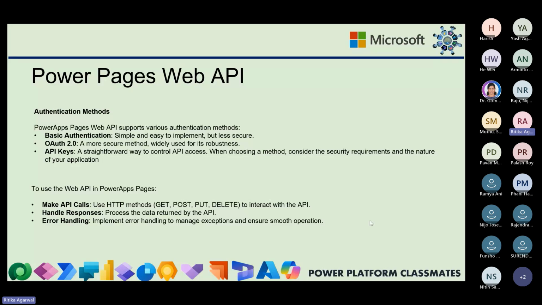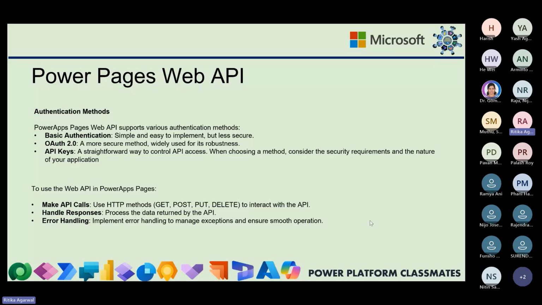If you want to retrieve data from your system, you would do a get request. If you want to create new data in your table, you'll do a post. If you want to update something, you'll do a put request. If you want to delete, you will use the delete operation. So you can use these web APIs to perform different kinds of operations on your Power Pages application.